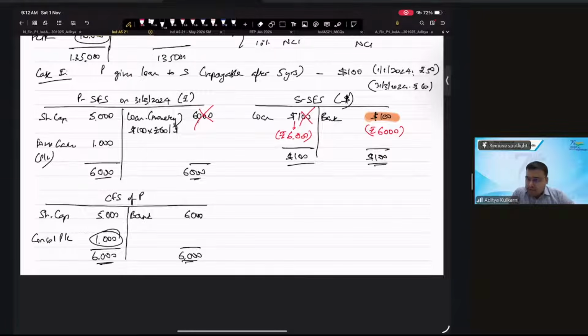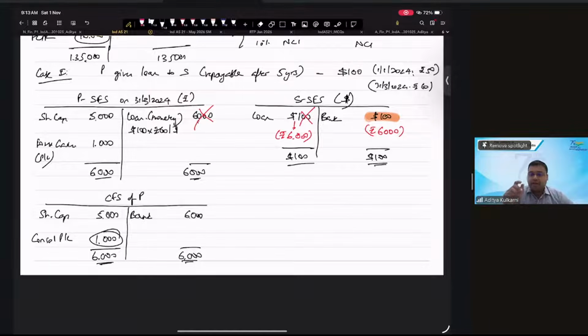The question is, will that 1,000 of consol P&L, which is essentially the forex gain, appear in the balance sheet or not? What do you think? It will appear, sir.